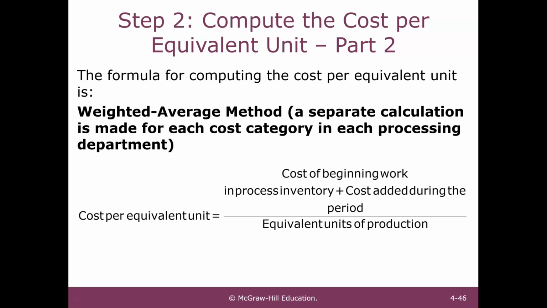We just calculated that. But we need to know what that cost is per equivalent unit. You take the cost of beginning work in process inventory and you add the costs added during the period. Then you divide it by the equivalent units of production.